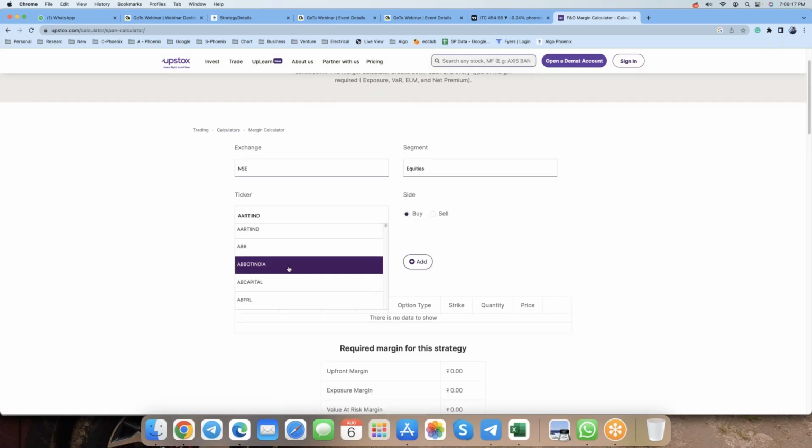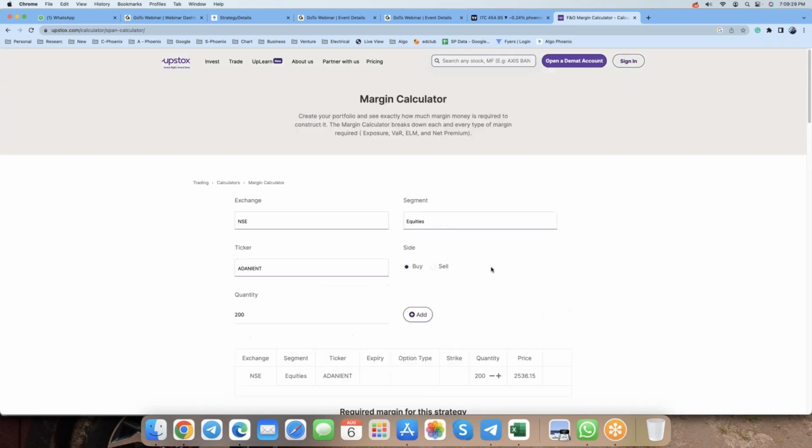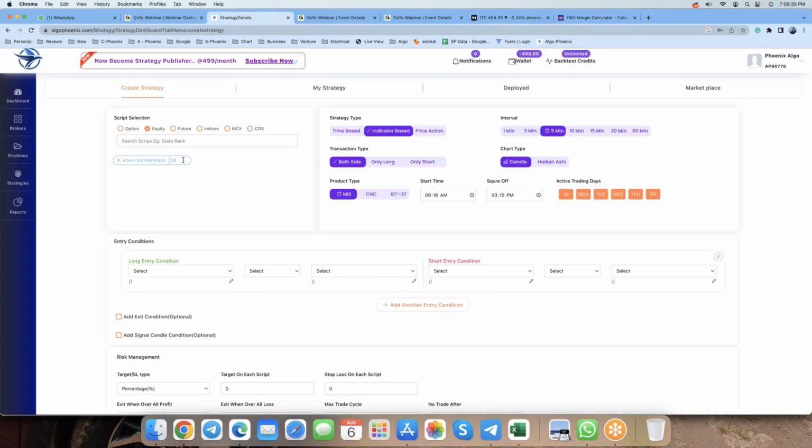We'll take Adani Enterprises and I will take 250 stocks or 200 stocks. Roughly I need a margin of 50,000 rupees. So I've got the margin for 200 stocks. I'm going to the system. 200 stocks is what I'm going to do the strategy creation on Adani Enterprises.